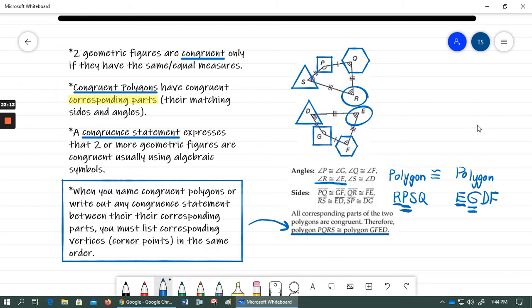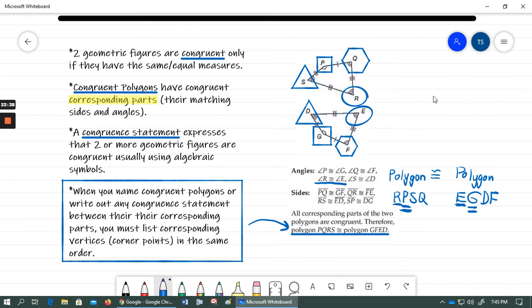Anyway, so next we're going to look at a few properties of congruence, and these can also be properties of equality as well. We know that congruence is related to equality, seeing as things are congruent if they have equal measures, right? Equal measures, equality.